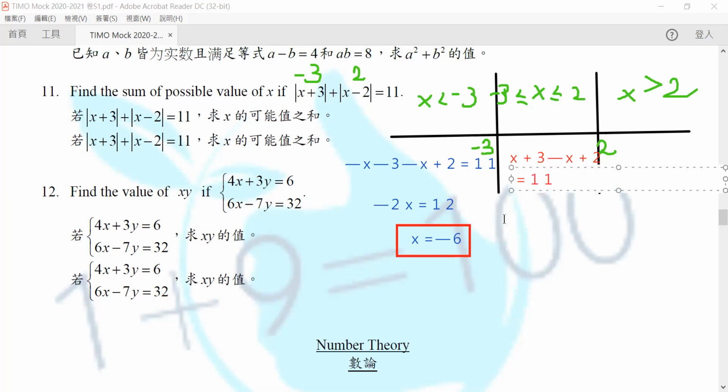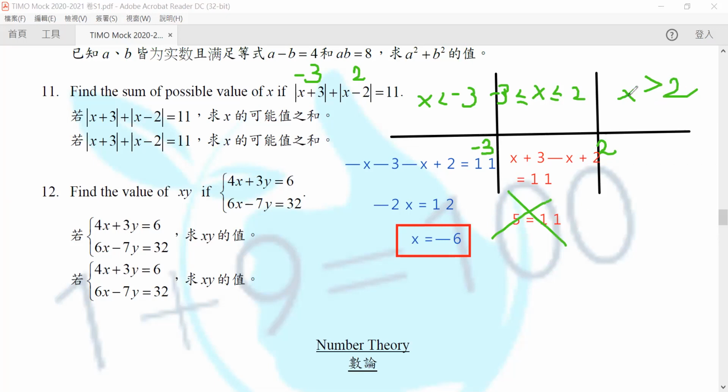But this will result in 5 equals 11, which is impossible, right? So we need to cross them out. So there's no answer for x to be within 2 and -3.